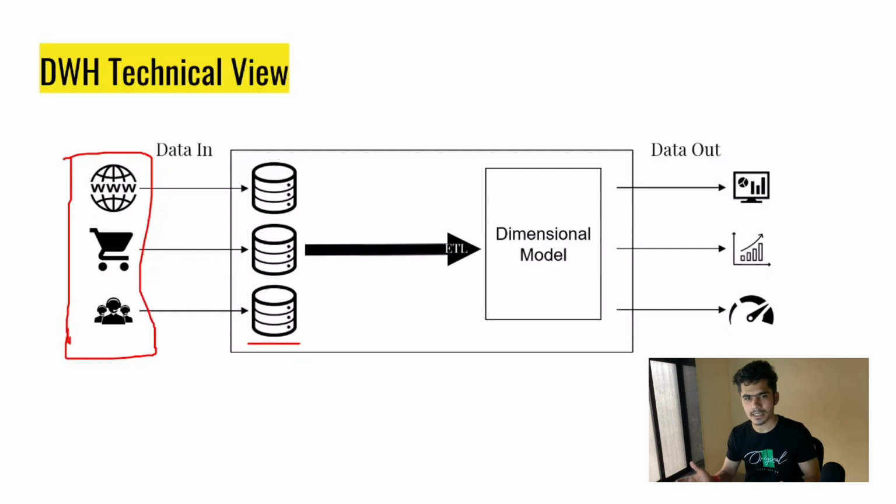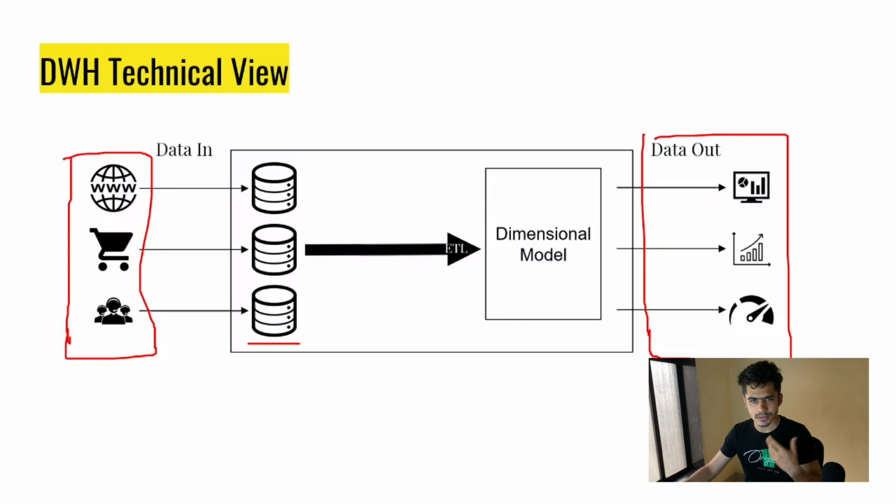ETL is basically extract, transform, load. Then we build a dimensional model. We're gonna talk about what a dimensional model is. Once we build that, we build our data warehouse based on that model, and then we can directly query those data models to get some analysis, run some queries, do multiple joins, etc.